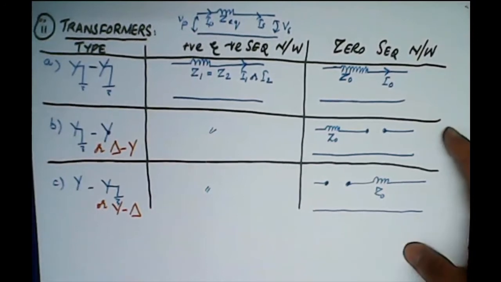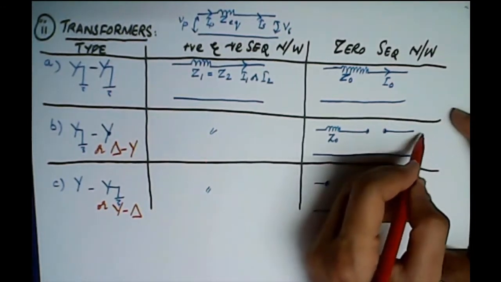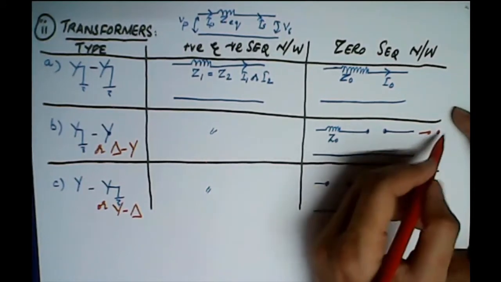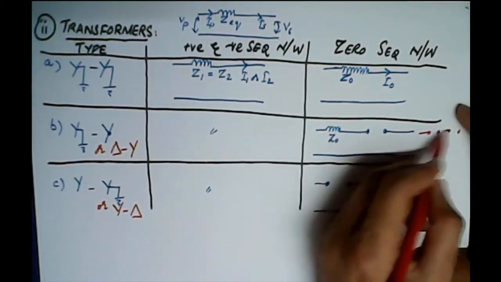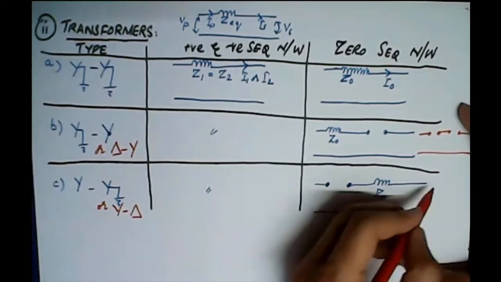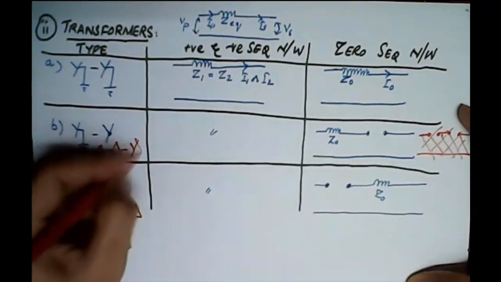The only difference is that it will be open circuited from both the ends. We can draw it like this. Right, but still there will be no zero sequence current. Or let's draw it separately.